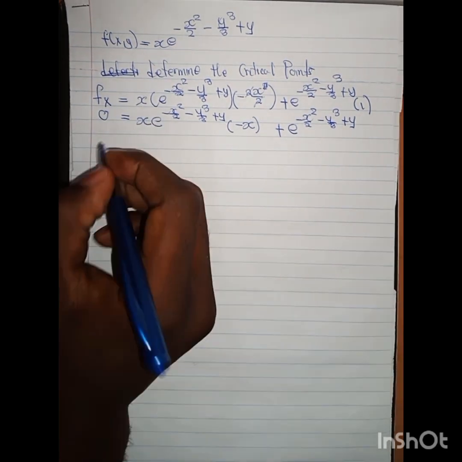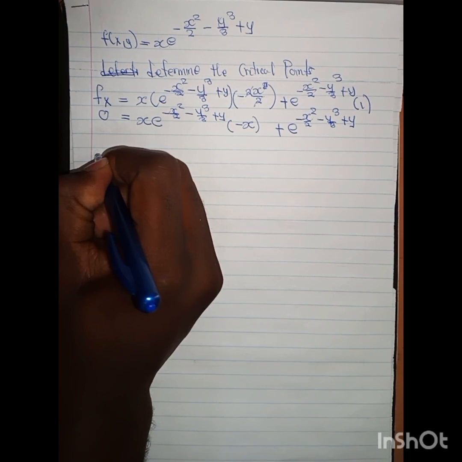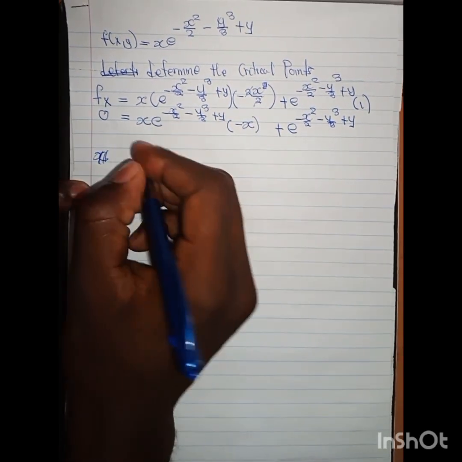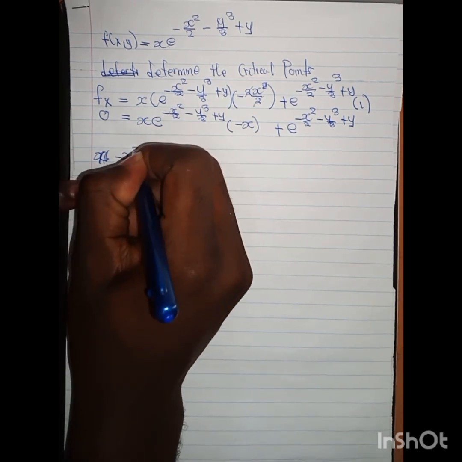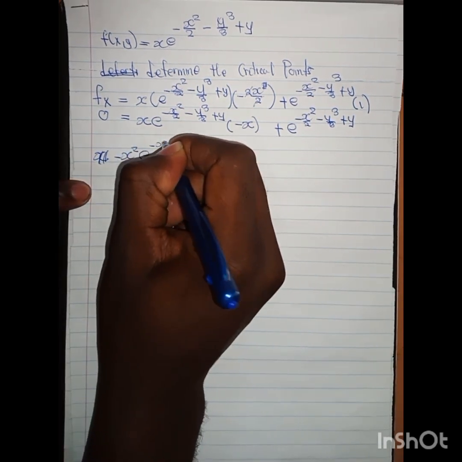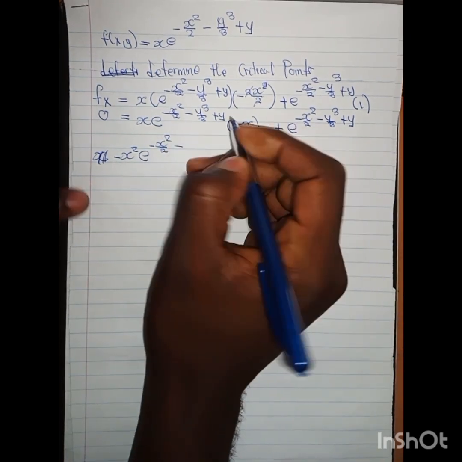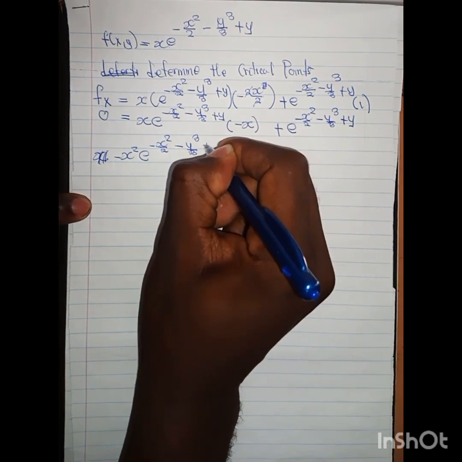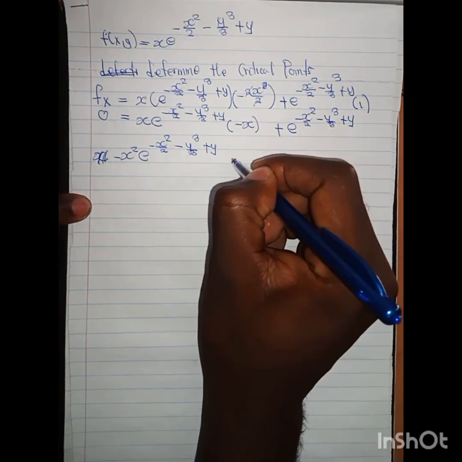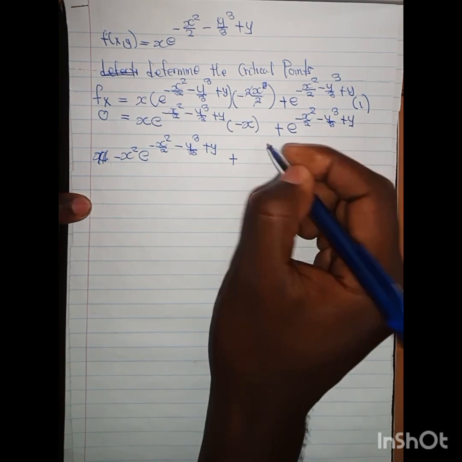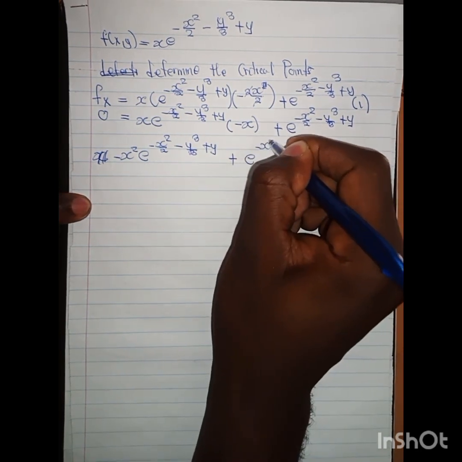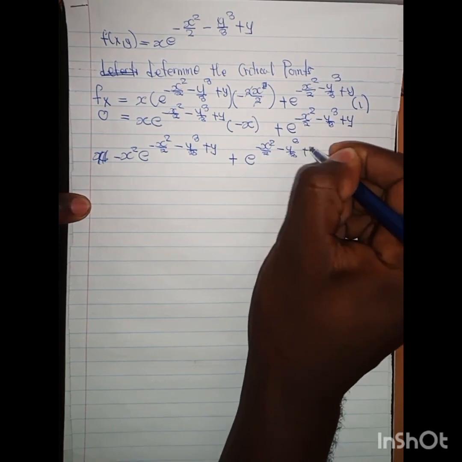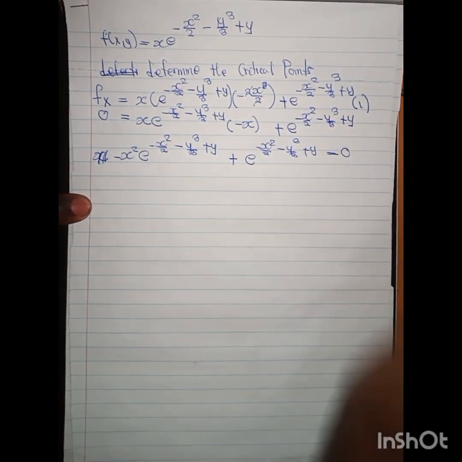Then we can rewrite this equation in this form. X can multiply x, and then we will have negative x squared e to the negative x squared over 2 minus y cubed over 3 plus y, and then plus whatever we have here, e to the negative x squared over 2 minus y cubed over 3 plus y. And then we equate everything to 0.